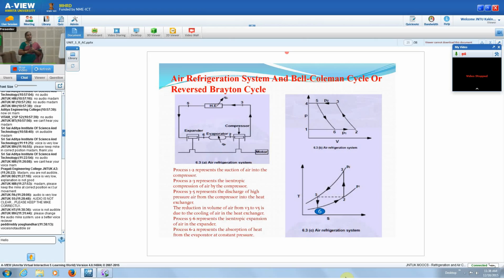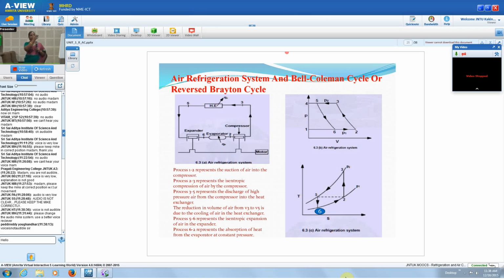In the PV diagram, 1 to 2 is nothing but suction of the refrigerant at the compressor inlet. 2 to 3 is the compression process in the compressor. With that, the pressure is increased and the volume is reduced.